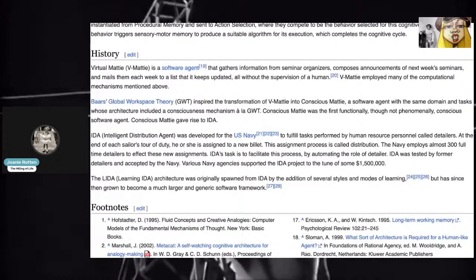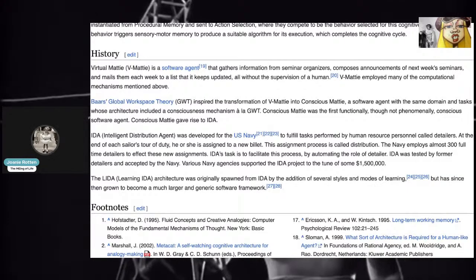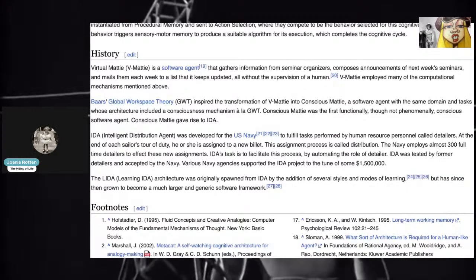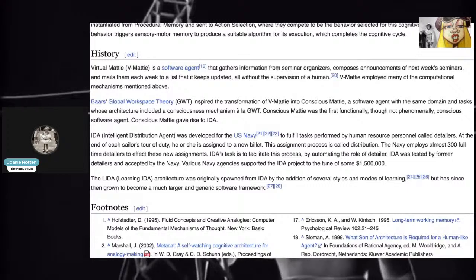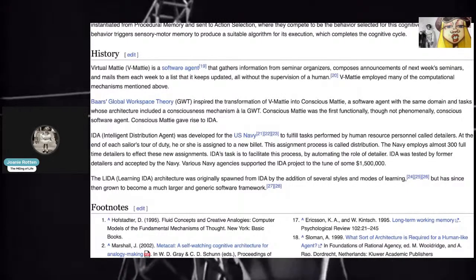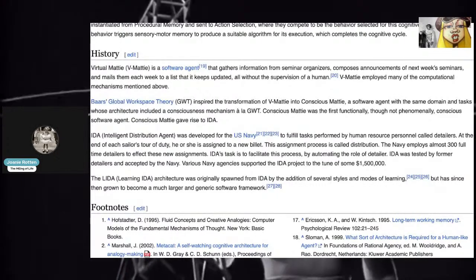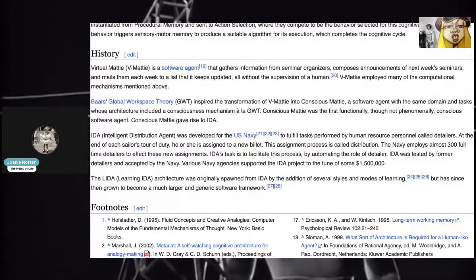Baars's global workspace theory, GWT, inspired the transformation of vMaddie into Conscious Maddie, a software agent with the same domain and tasks, whose architecture included a consciousness mechanism a la GWT. Conscious Maddie was the first functionally, though not phenomenally, conscious software agent. Conscious Maddie gave rise to IDA.